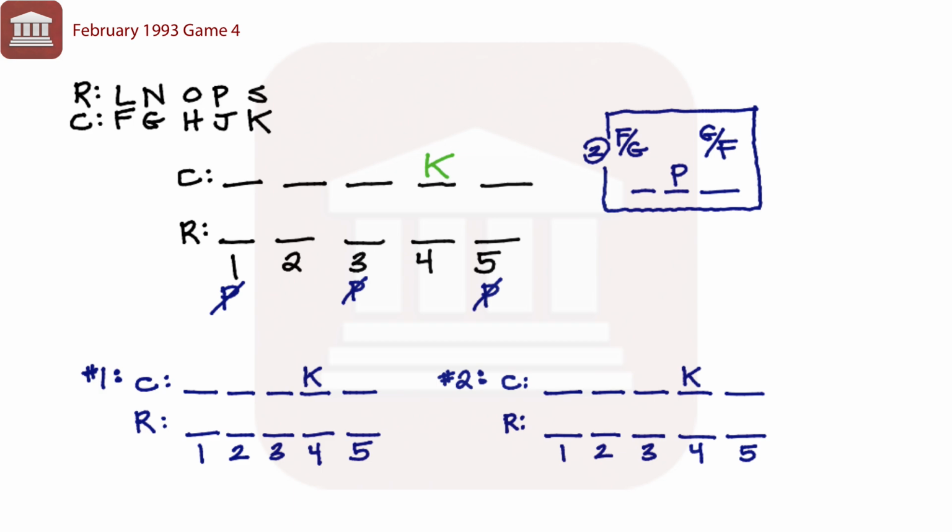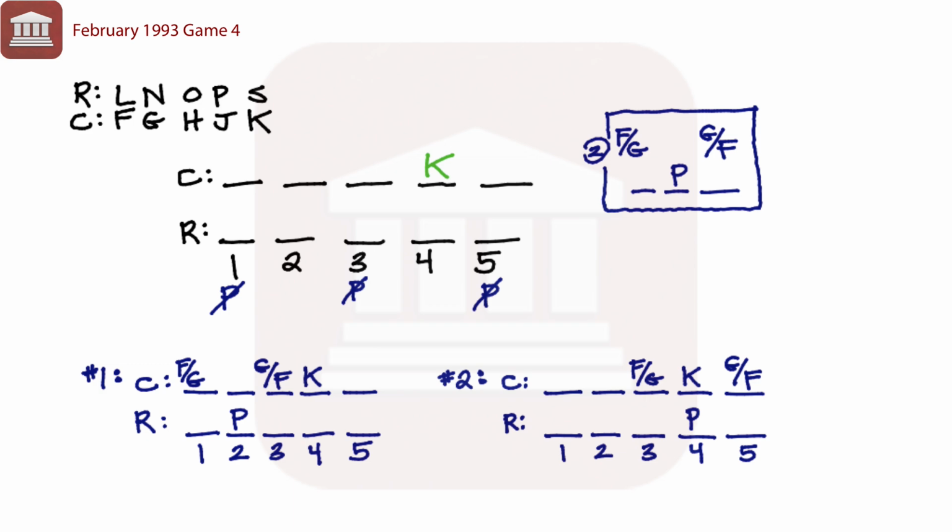All right, so in the first scenario, we're going to put Patricia in 2, which would put F and G in 1 and 3 respectively. In our second possibility, we're going to put Patricia in 4, which is going to put F and G in 3 and 5 respectively. So we're able to conclude a great deal just based on that second rule.